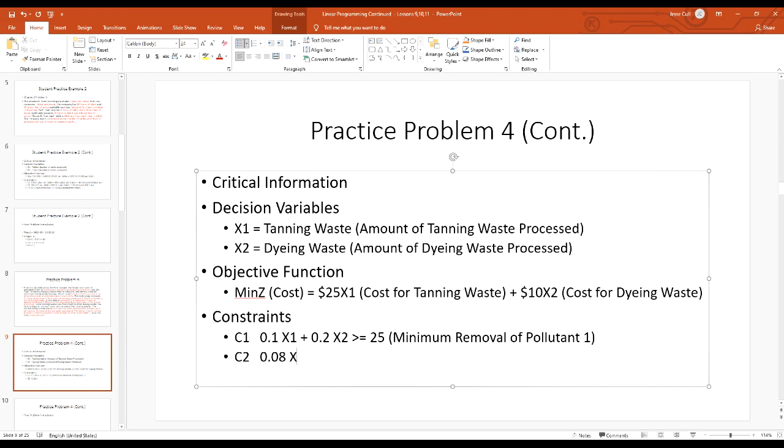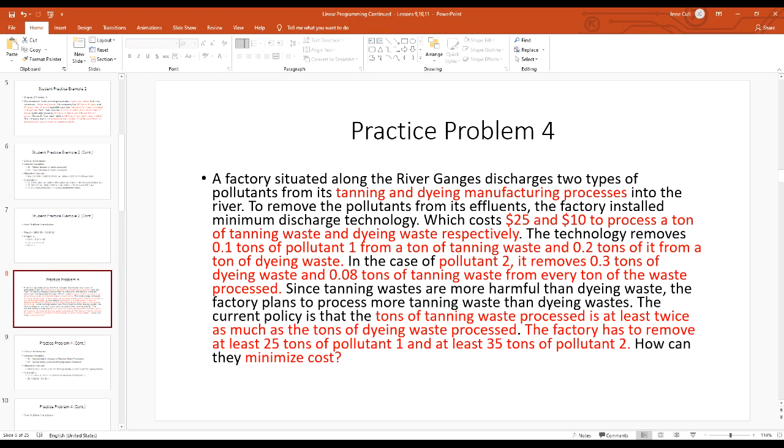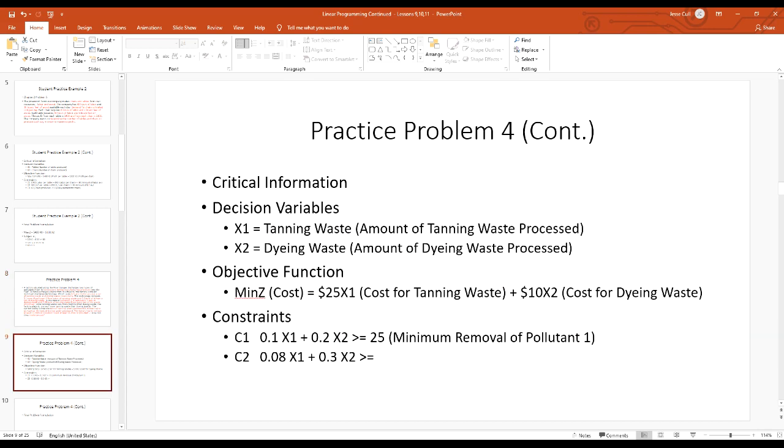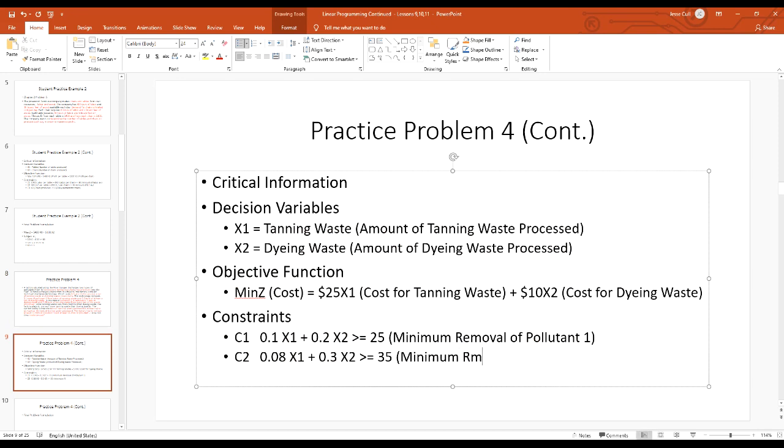So 0.08 x1 plus 0.3 x2, and it must be greater than or equal to 35 tons of pollutant 2. And that's the minimum removal of pollutant 2. So now we have our first and second constraint.